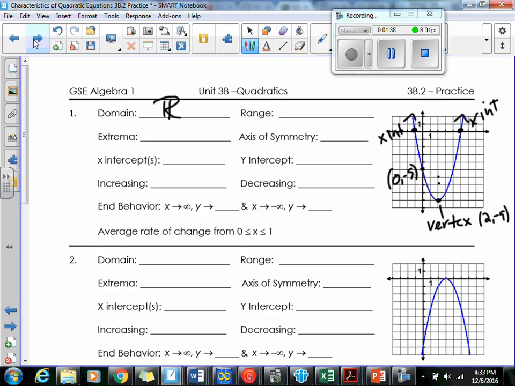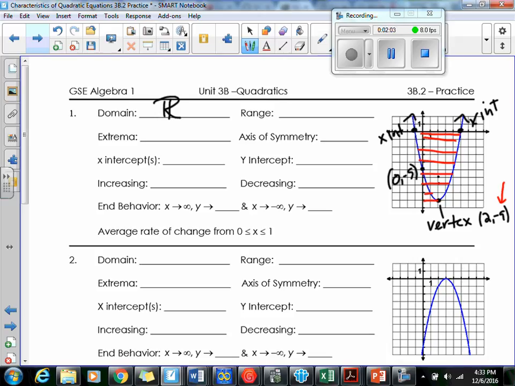Our range comes from the y values. I'm going to change colors here. If you notice, if I start drawing lines from my graph over to the y-axis, the first y value I hit is here at -9, which corresponds with the y-coordinate of the vertex.